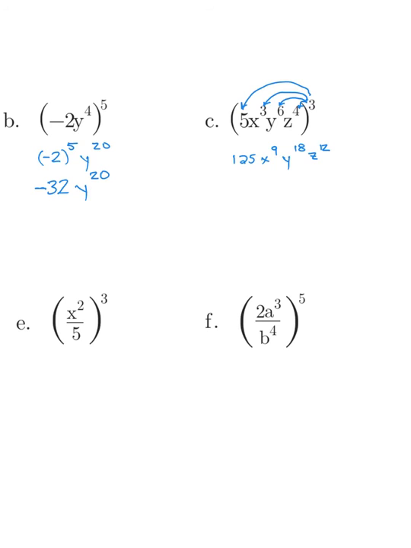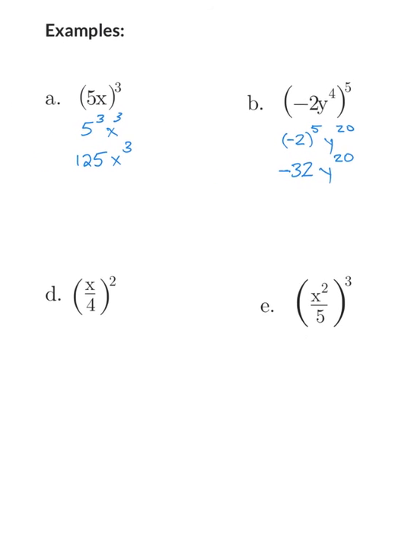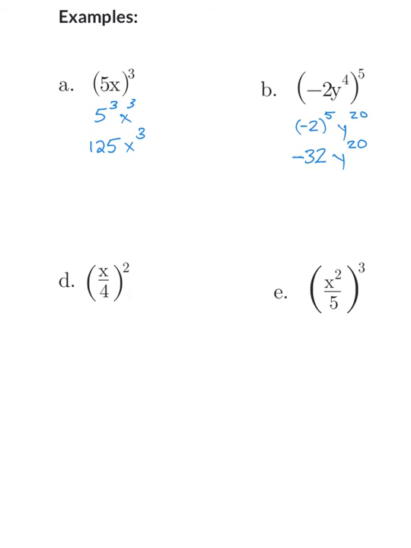Okay, so now let's look at some quotients to powers rules, and just keep in mind that it's the same thing. Everything inside the parentheses I need to raise to the exponent. So for instance, on example D, we have x over 4 squared. So I want to square everything inside.